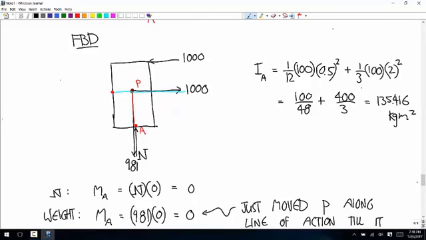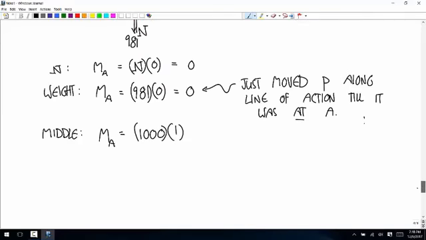If this thing can rotate around here, which way would this force make it rotate? Clockwise, so this is negative. So we have a moment produced by that middle force of negative 1,000 Newton meters.